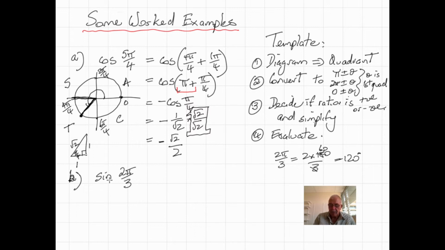So here we've got sine of 2 pi on 3 is equal to, now we draw the diagram. We're working in 3, so we've got 0, this will be 3 pi on 3. Now halfway across will be half of 3, which is 1.5 pi on 3.